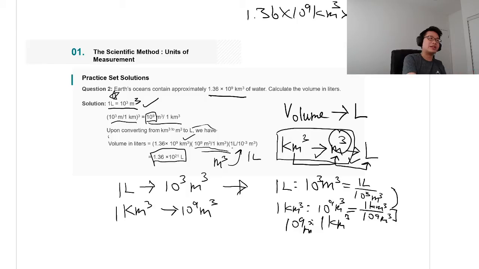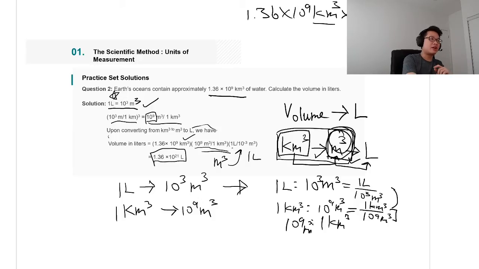Actually, it's pretty easy. First of all, we want to convert our kilometer cube to meter cube. So we rearrange the conversion factor in a way that after the multiplication, the only unit left will be meter cube.